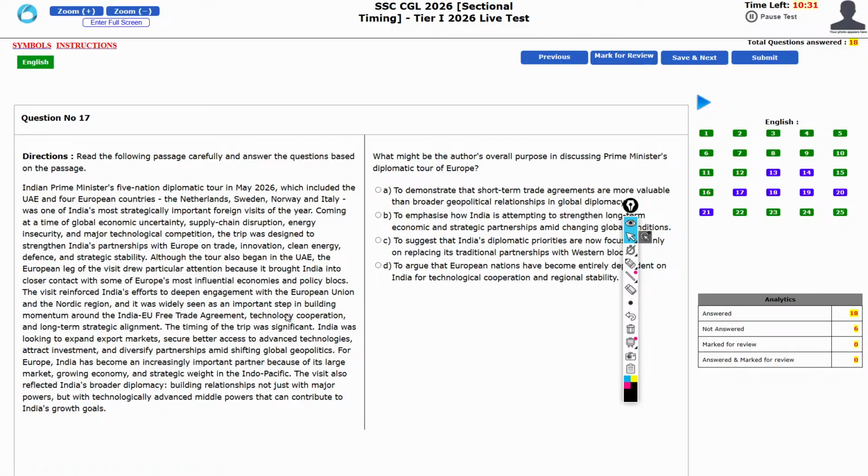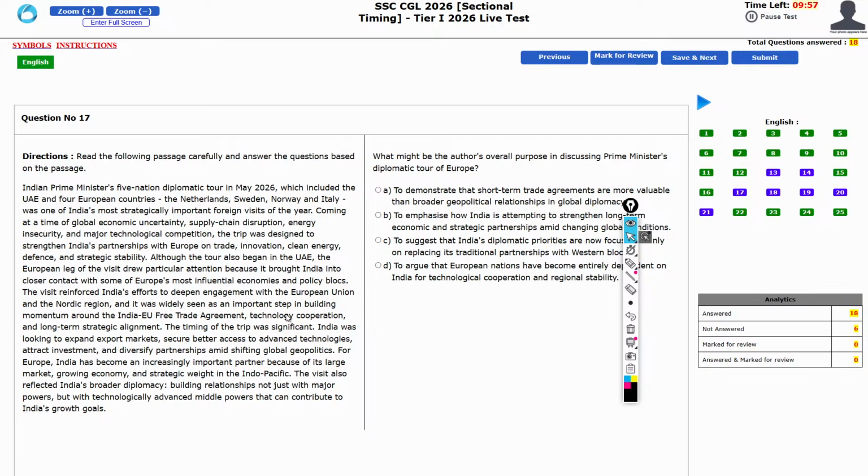Indian Prime Minister's 5 nation diplomatic tour in May 2026 included the UAE and four European countries, Netherlands, Sweden, Norway, and Italy. It was one of India's most strategically important foreign visits of the year, coming at a time of global economic uncertainties, supply chain disruption, energy insecurity, and major technological competition. The trip was designed to strengthen India's partnership with Europe on trade, innovation, clean energy, defense, and strategic stability.